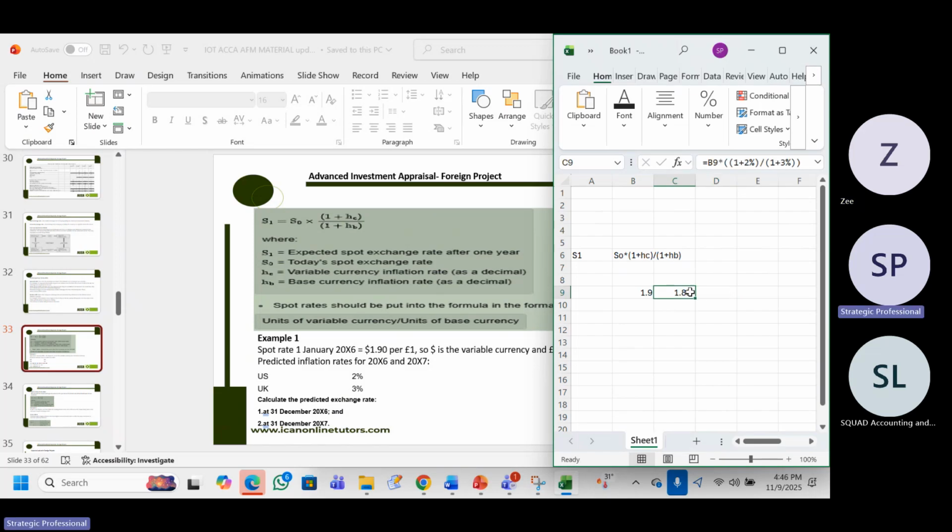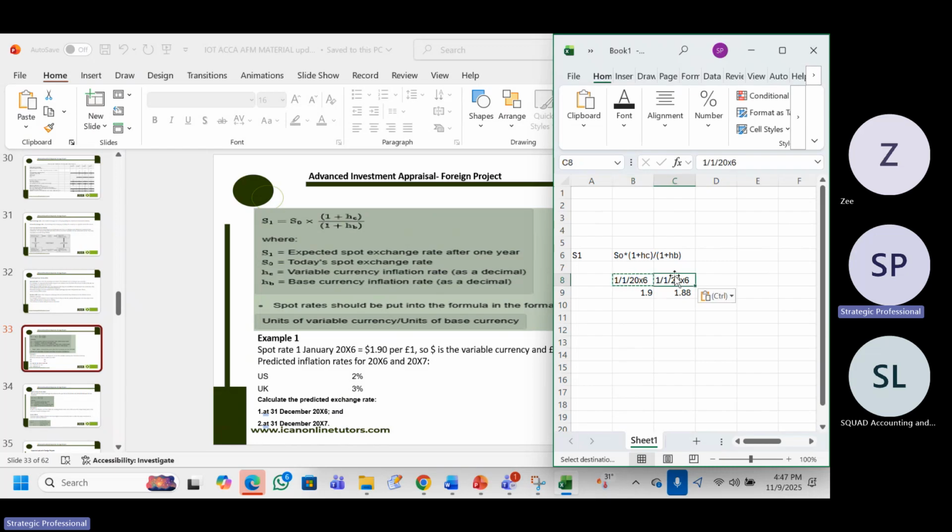So they now said this one is 20x6, this one is 20x7. First, 1 January 20x6. Now they told us to calculate 31st December 20x6, which we've done.